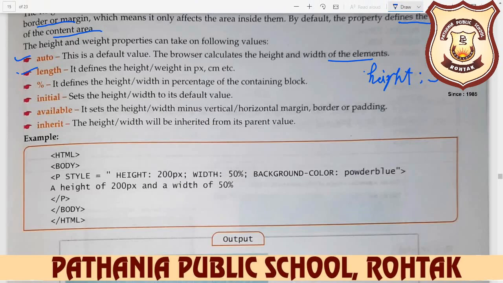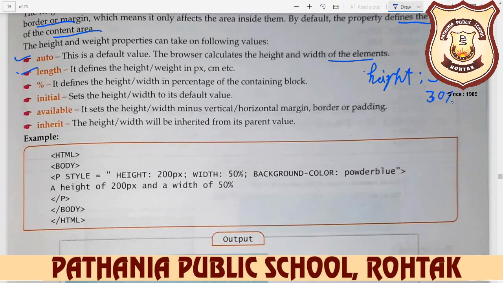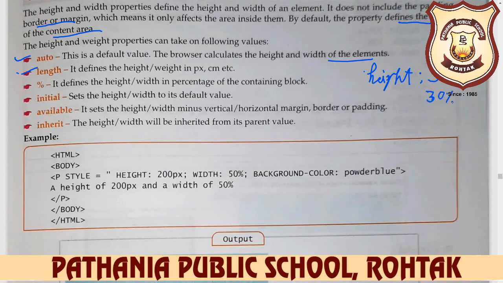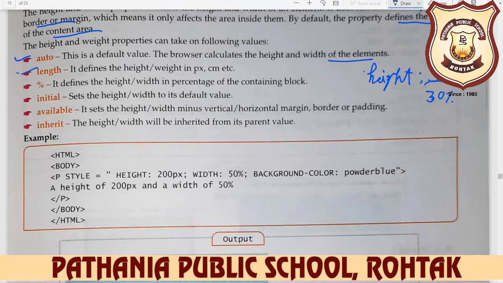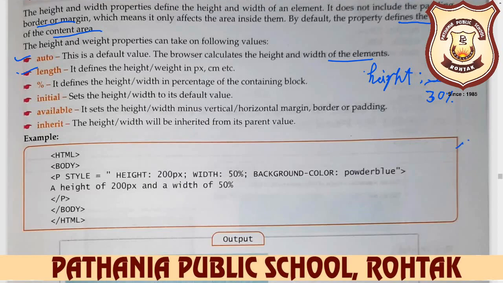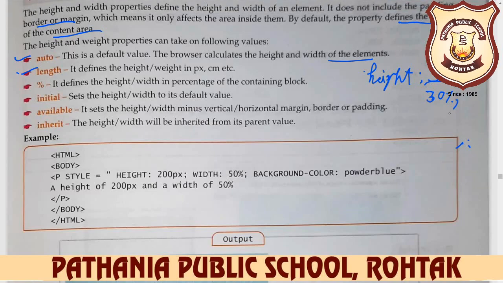You can write in percentage also, for example 30%. If you want auto, then you write auto here instead. After that, you terminate the property here. Next is percentage, which is done.